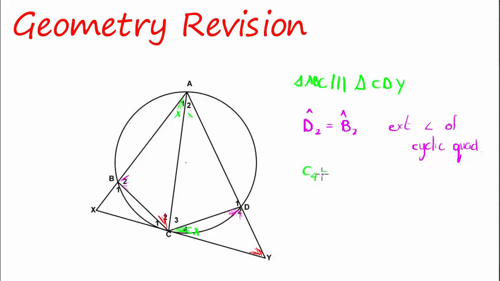So C4 is equal to A2, tan chord theorem. But A2 is equal to A1 given, because they say it's bisected. Therefore, C4 is equal to A1.